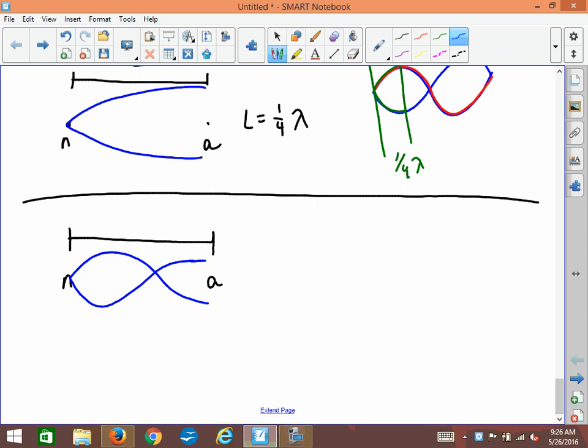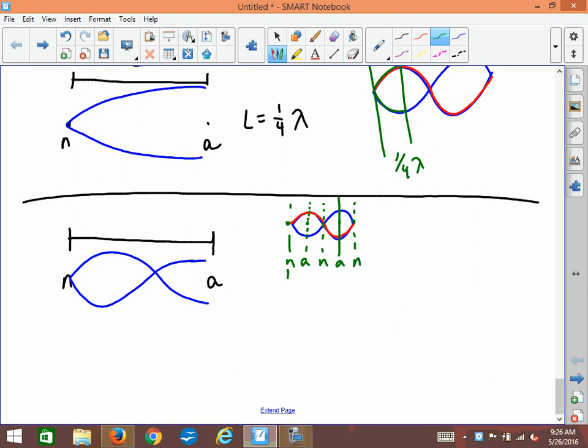Going back to my picture, to see how much of a wave that is, here's 1 lambda, 2 loops, which show us a full wavelength. How much is my picture? It's from here to here. Well, that's 3 of my quarters. Here's the divisions into 4, right? A node, antinode, node, antinode, node.